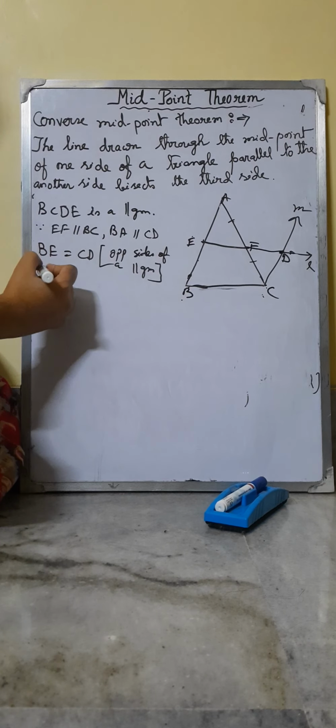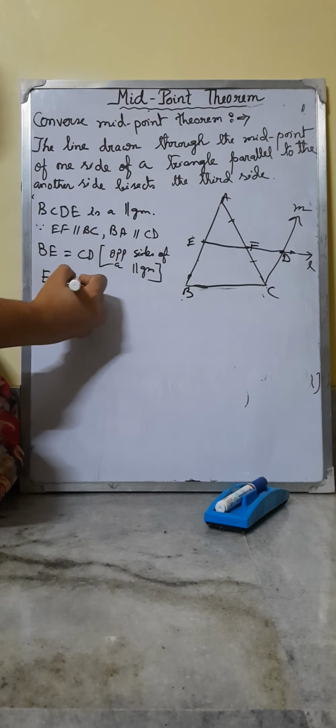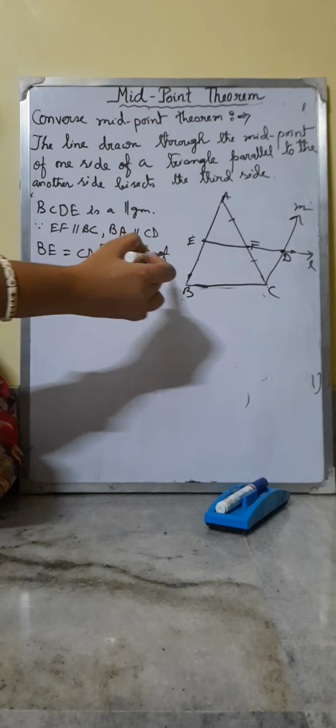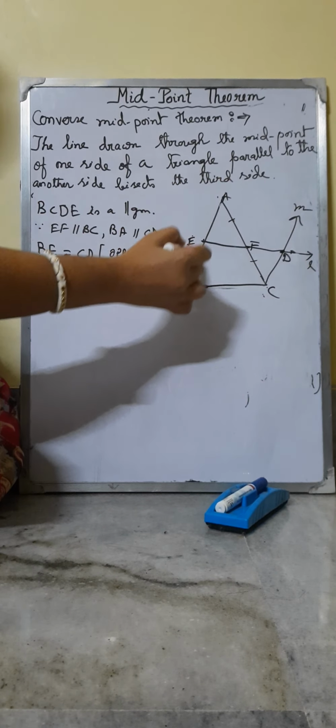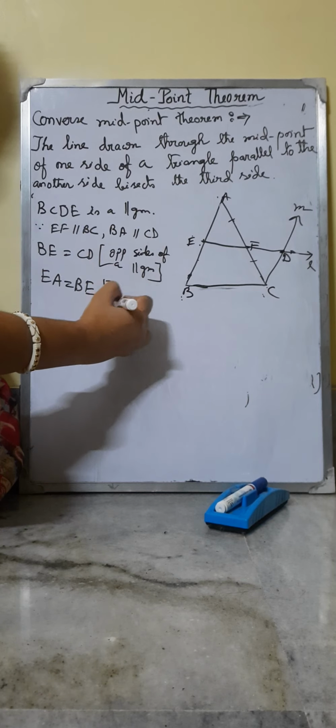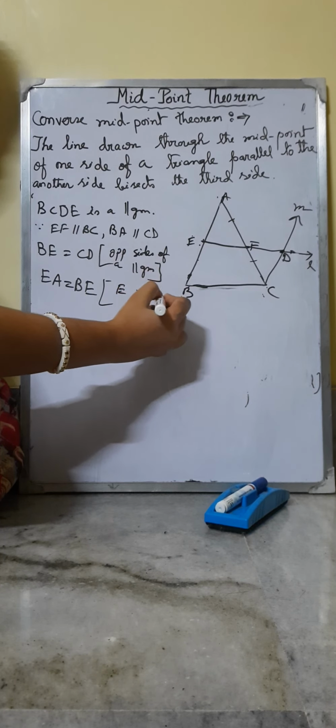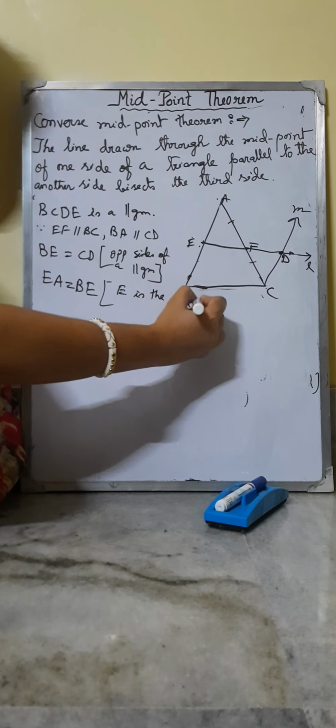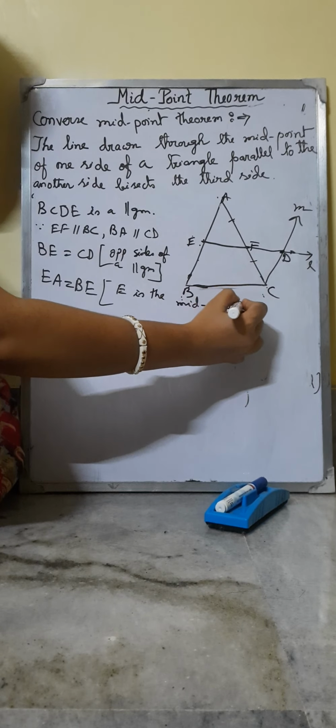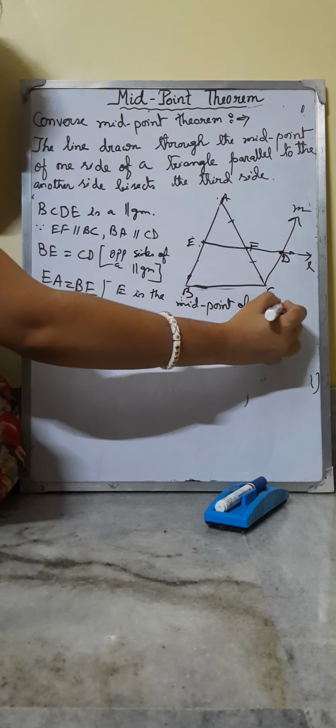Now EA equals BE, because we know that E is the midpoint of AB.